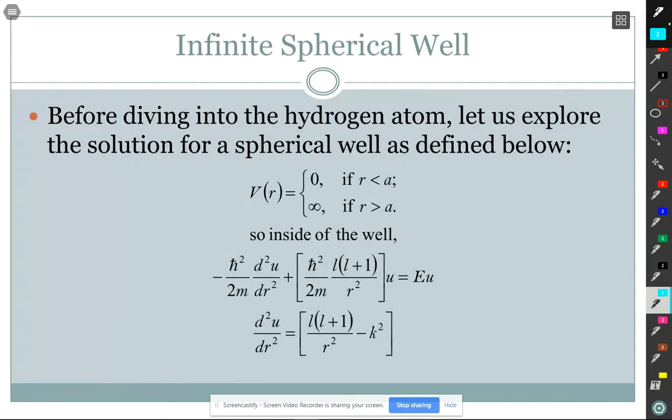Now, this here is just an interlude to whet our appetite for how we find solutions. So we're going to take the example of a three-dimensional well. This is actually very appropriate for something like talking about the nucleus of an atom. The nucleus of an atom we treat as a three-dimensional potential well.